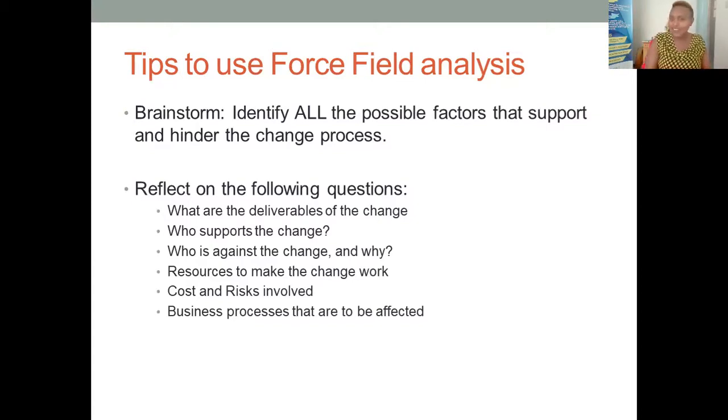Who is against the change? And those who are against the change, why are they against it? Don't dismiss them as, oh, these people are not interested in our change processes. Try to identify what are some of the things that are making these people be against the change. Could be you could alter one or two things about the change processes based on their feedback.